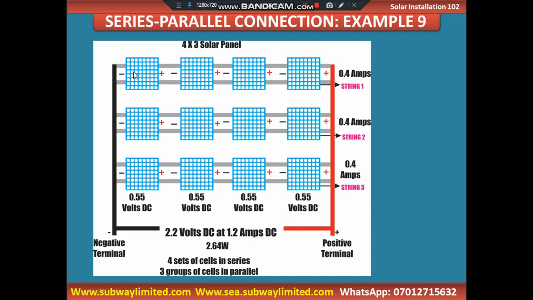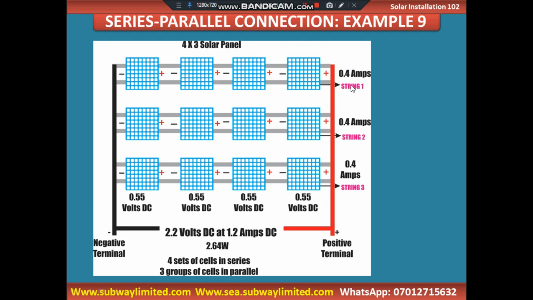That means 4 in series and 3 in parallel, depending on the rating. You can see 0.5 volts, 0.5 volts, 0.5 volts. Those are the ratings of each of the solar panel.